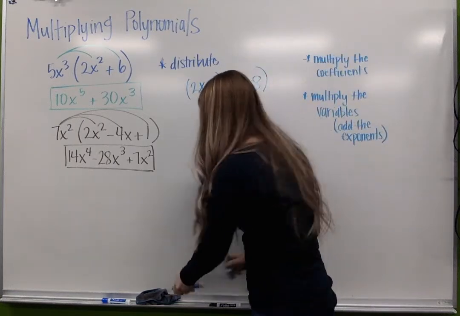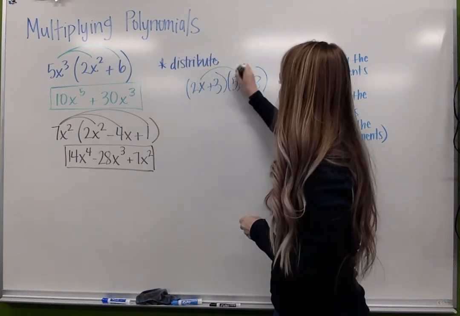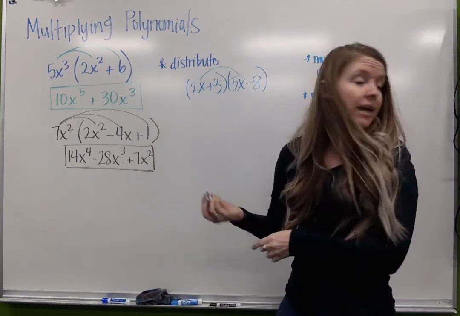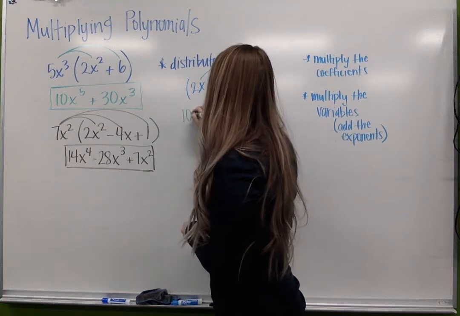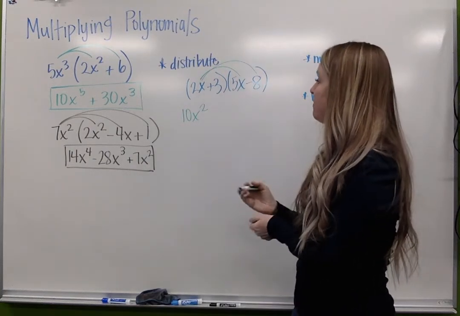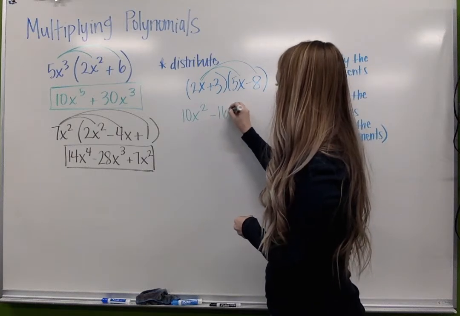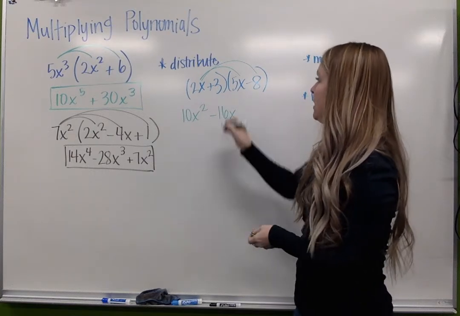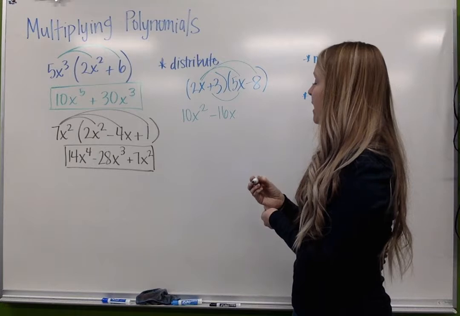So we're going to take 2x times 5x, and I get 10x squared. Then I take 2x times negative 8, which is negative 16x. Then 3 times 5x.